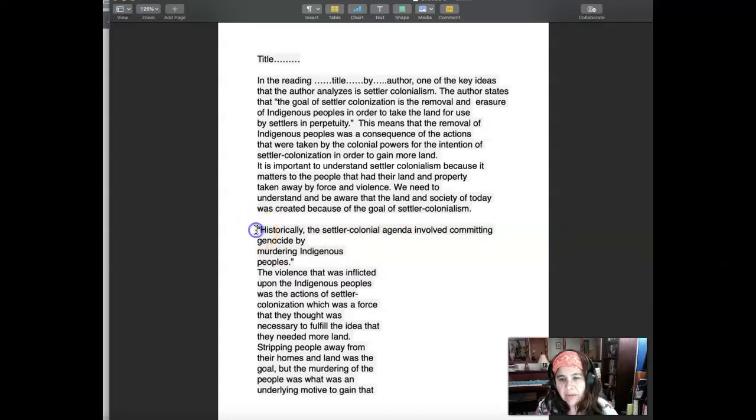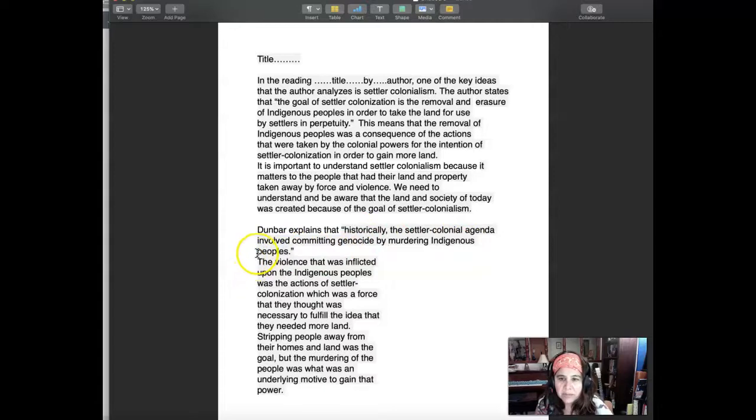We would say Dunbar explains that historically, and then this is a quote now, the settler colonial agenda committing genocide by murdering indigenous peoples. No?